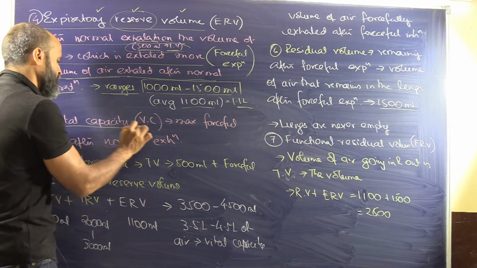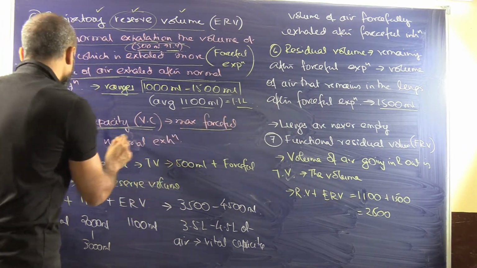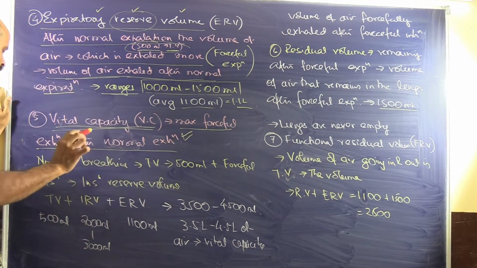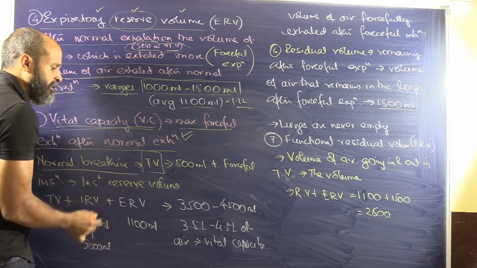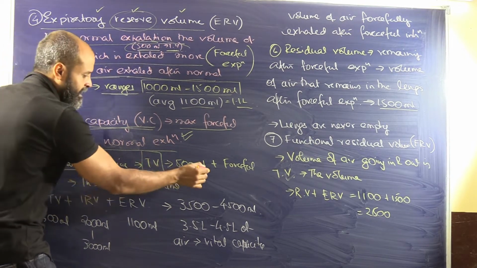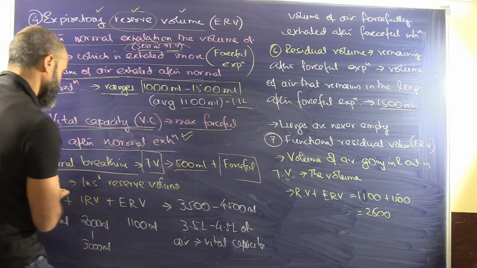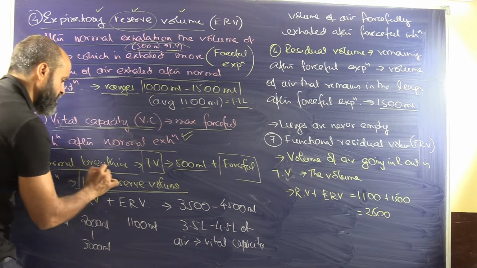Now we will come to something called vital capacity, the maximum forceful expiration after normal expiration. So let's look at it. In normal breathing, we throw out the tidal volume which we have taken, approximately 500 milliliters, and then there is the forceful inspiration, the inspiratory reserve volume.